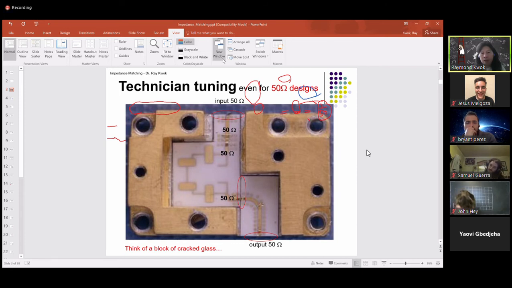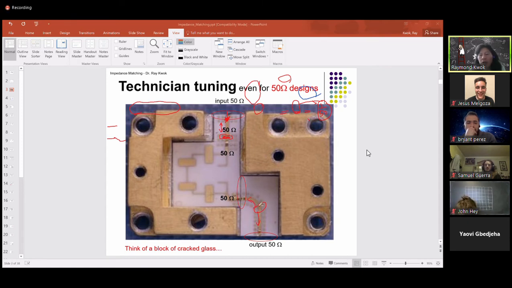Equivalently, on this picture, the input, for example, my return loss S11 is poor. I'm going to slide this ribbon. This is my load, and assuming this is not 50 ohms, I'm going to slide this ribbon up and down at different locations.